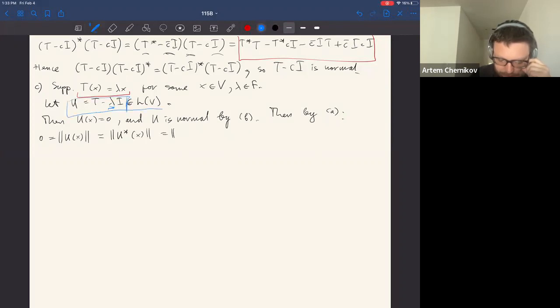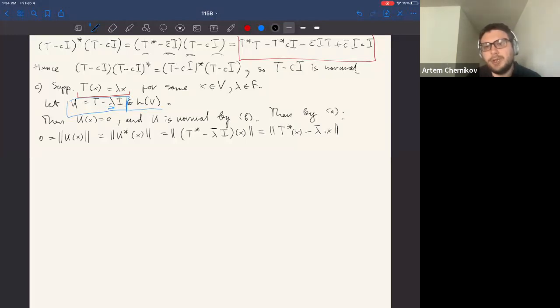So the adjoint of U can be written as T star minus lambda complex conjugate I of x. But now this in turn is simply the norm of T star of x minus lambda bar times x, just applying this operator in brackets.